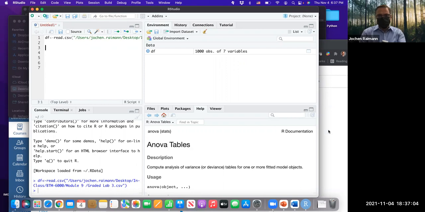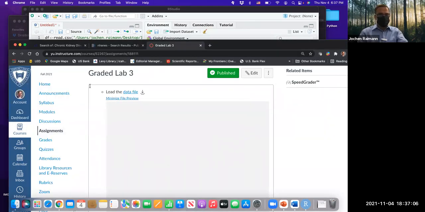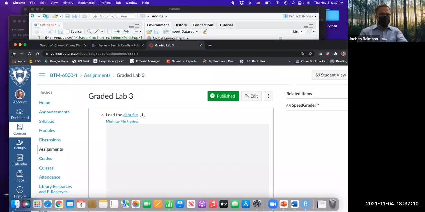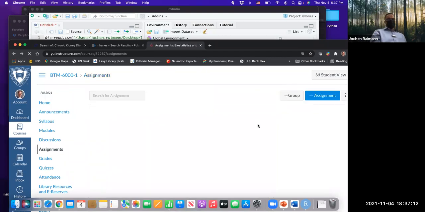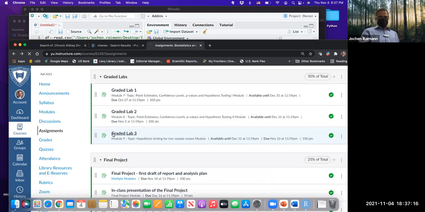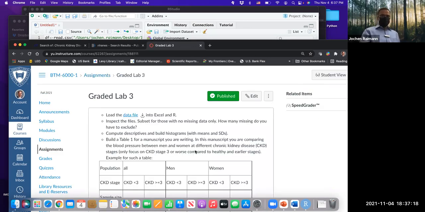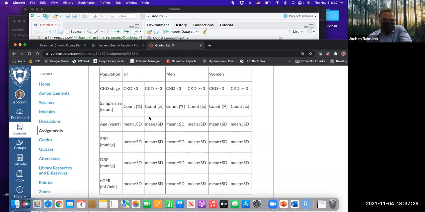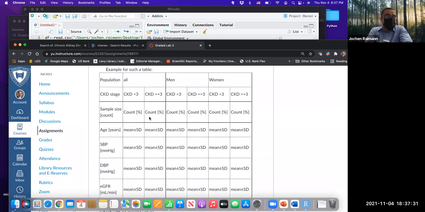Okay, what is the idea of Creative Lab 3? As said, there's a good chance you're not going to like me at the end of this exercise because it's quite intense. So this is a little bit of work. You have the assignment to create this table. How are you going to create this table?